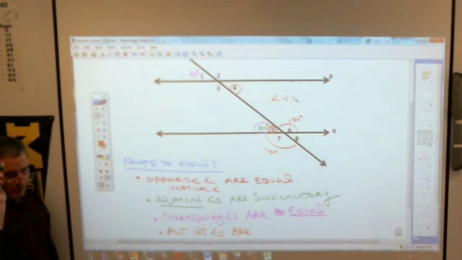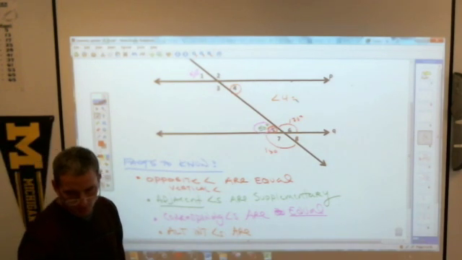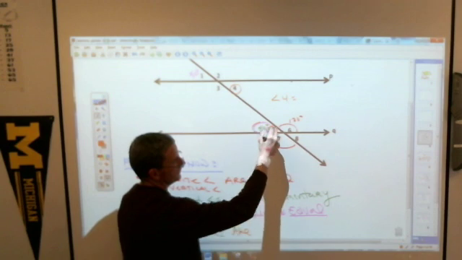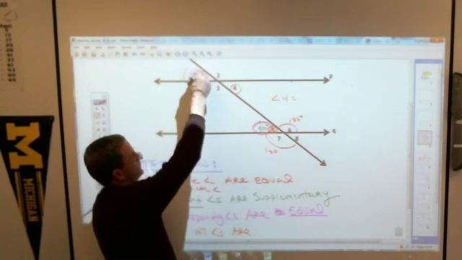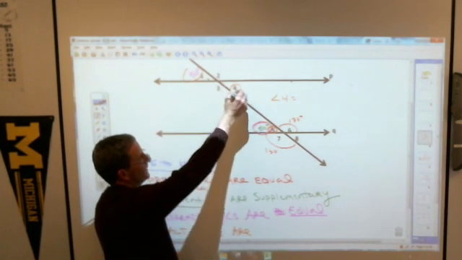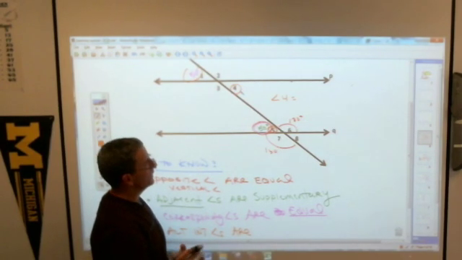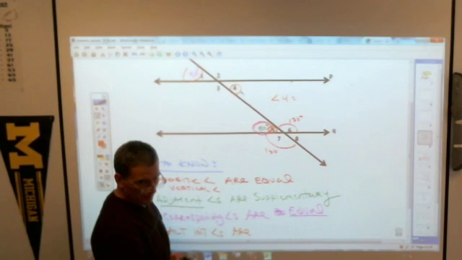Alternate interior angles are, wait, stop. Hold the presses. Let's look here. This was 50 degrees, right? Angle 1 and angle 4 are opposite, vertical angles. So angle 4 has to be how many degrees? 50.